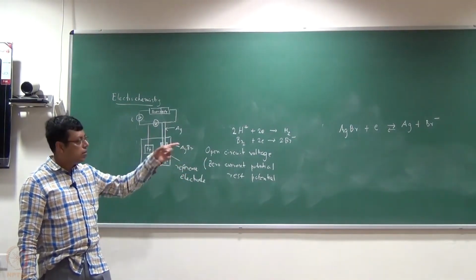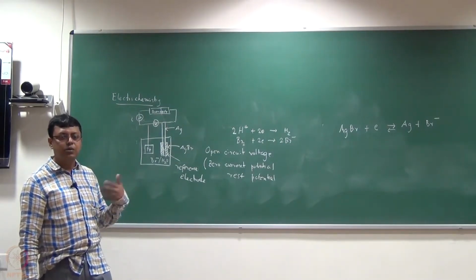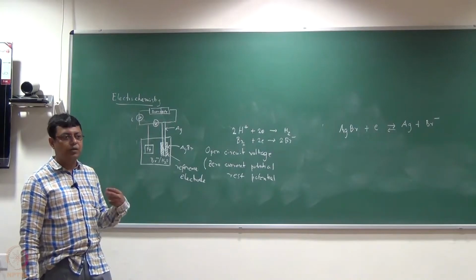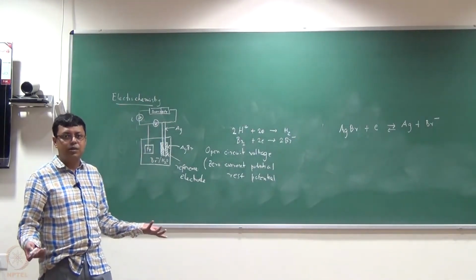But think about it, when I'm having this reaction, silver bromide is going to silver, but the activity on both sides is equal to 1. It doesn't matter if 10 molecules of silver bromide give me silver, the activity is still 1 because both are solid.